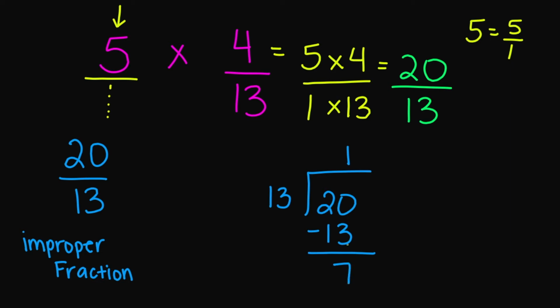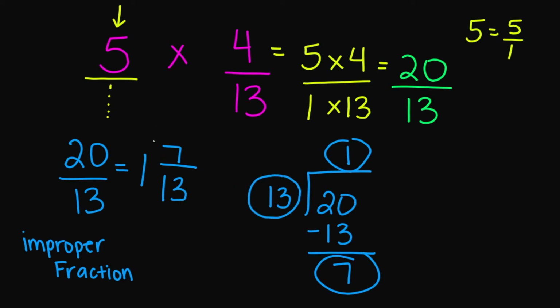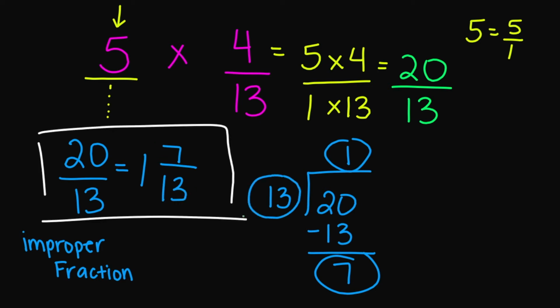So your answer is 20 over 13, which as a mixed number turns into 1 from your quotient up here. And then your remainder is your numerator, over 13, which is your divisor and stays the same. And this is your final answer.